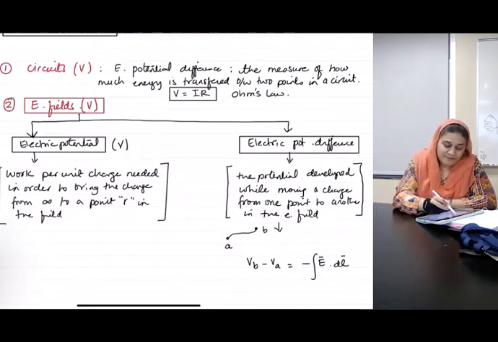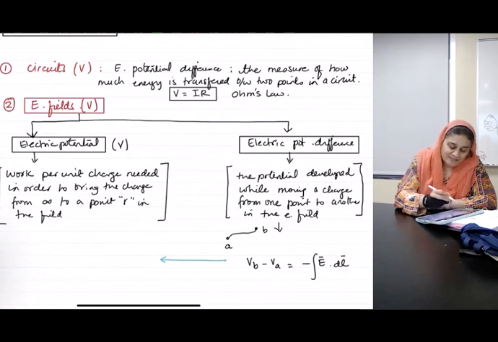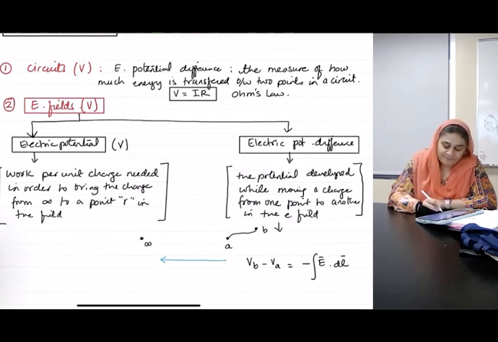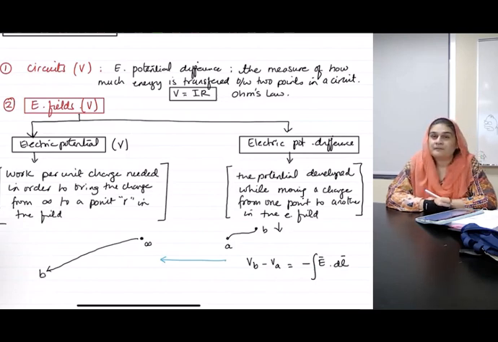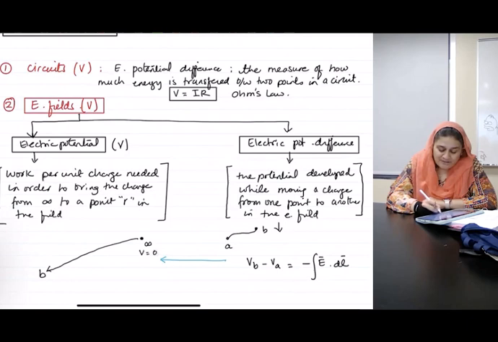And if I move it to this side, what I'm saying is that my charge was initially at infinity, and then I moved it to, say, point B. At infinity, the potential is 0.